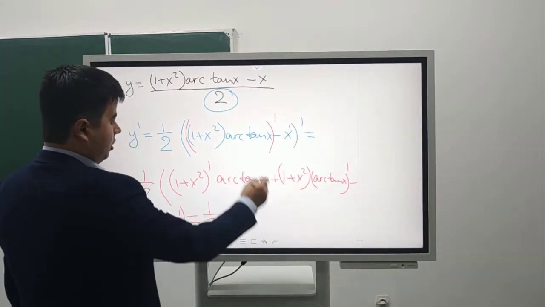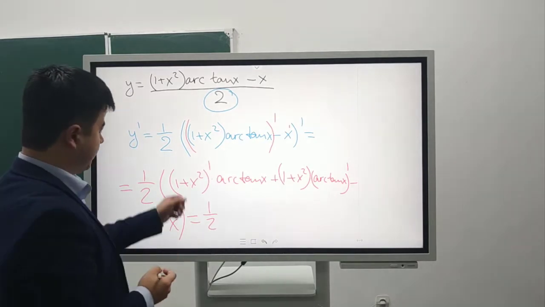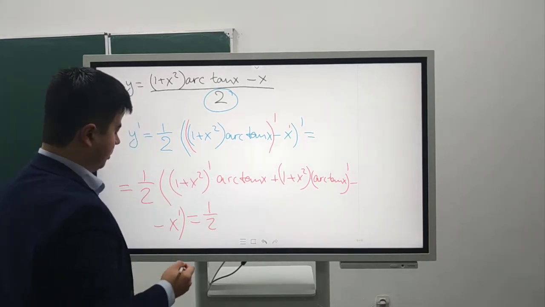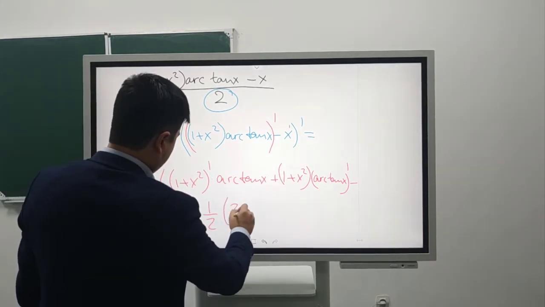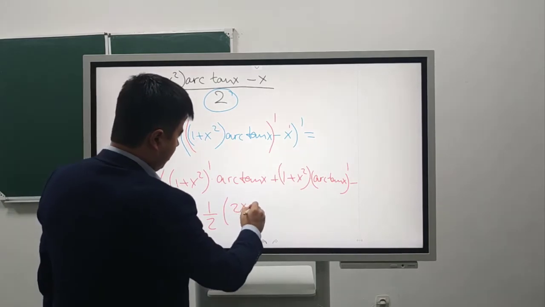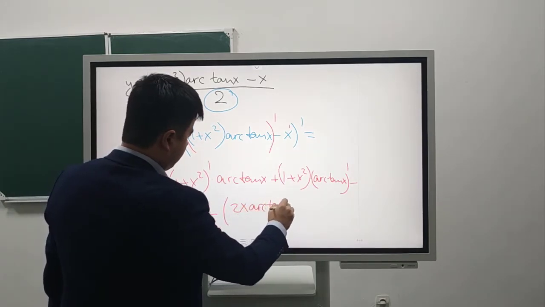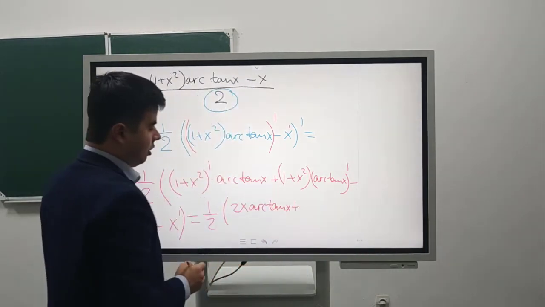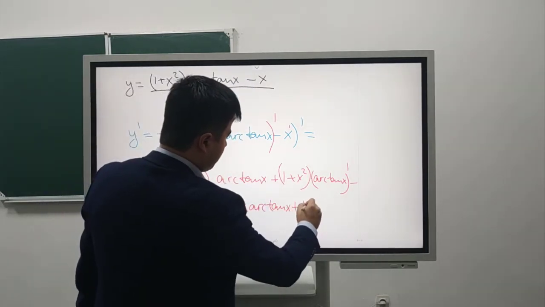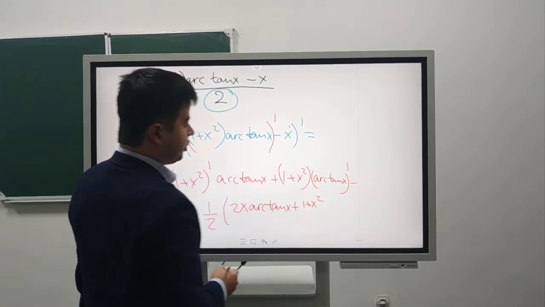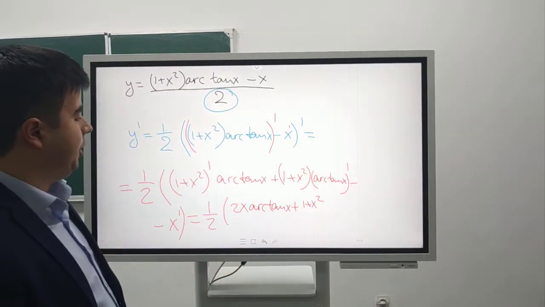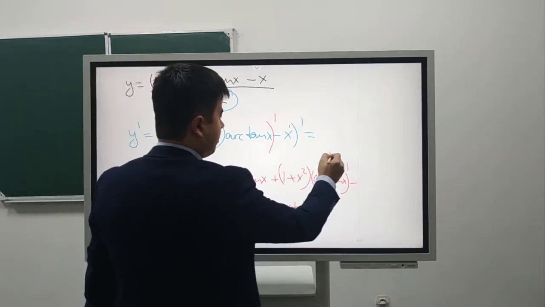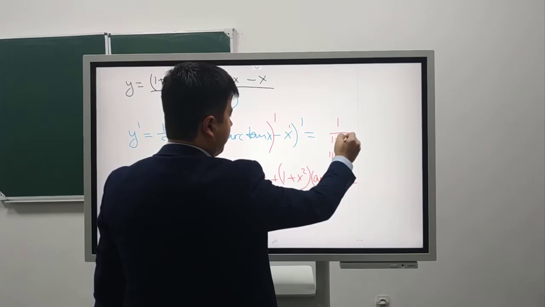And we get here 1 over 2. The derivative of 1 plus x squared is 0 plus 2x, so it's just 2x. 2x times arc tangent x. And the next one, plus 1 plus x squared, and the derivative of arc tangent x was 1 over 1 plus x squared.